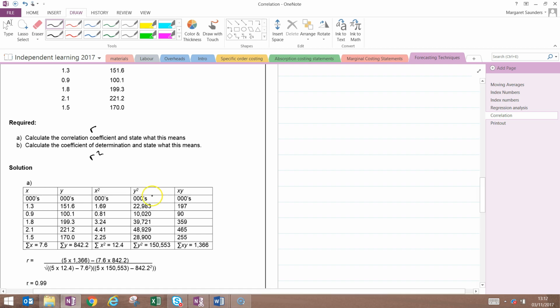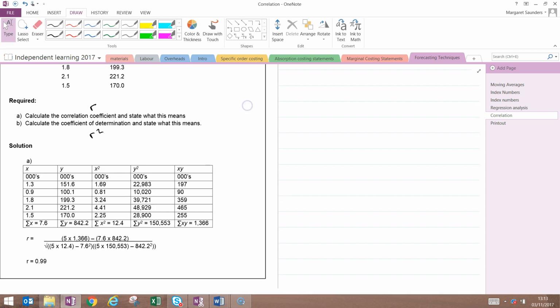Similarly, we need to know the value of y squared, and we need to know the value of xy, so x times y. Much of this is the same as we use for the regression analysis. We've just got one extra column, y squared.